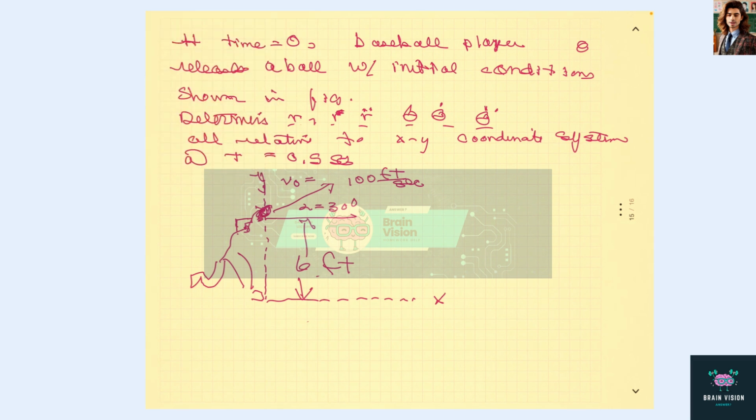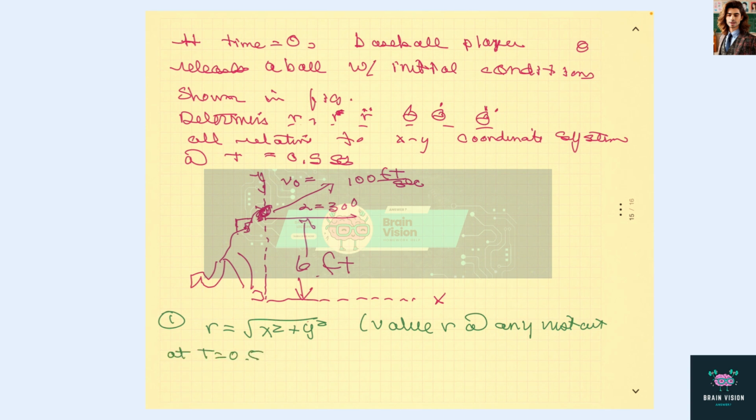First, r equals the square root of x squared plus y squared. That's the value of r at any instant. Let's call this equation 1, in case we need to look at this later. And then let's get the values of x and y at t equals 0.5 seconds.